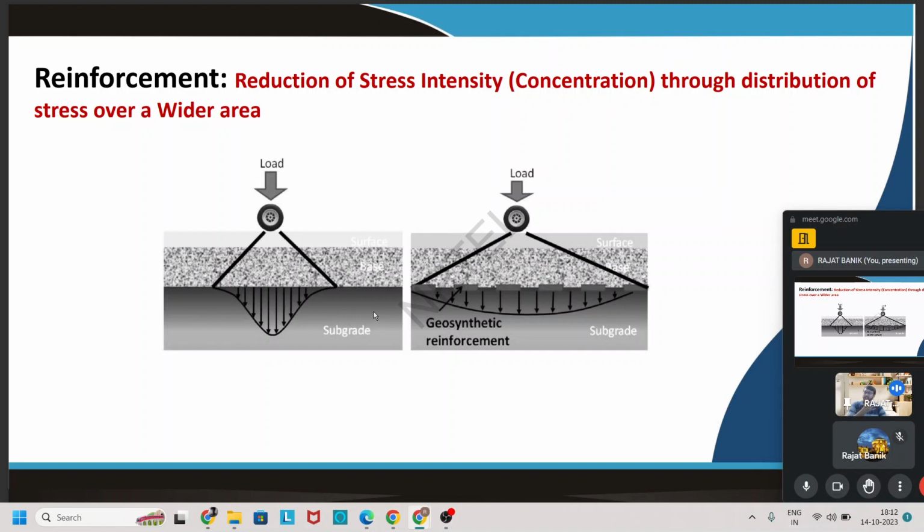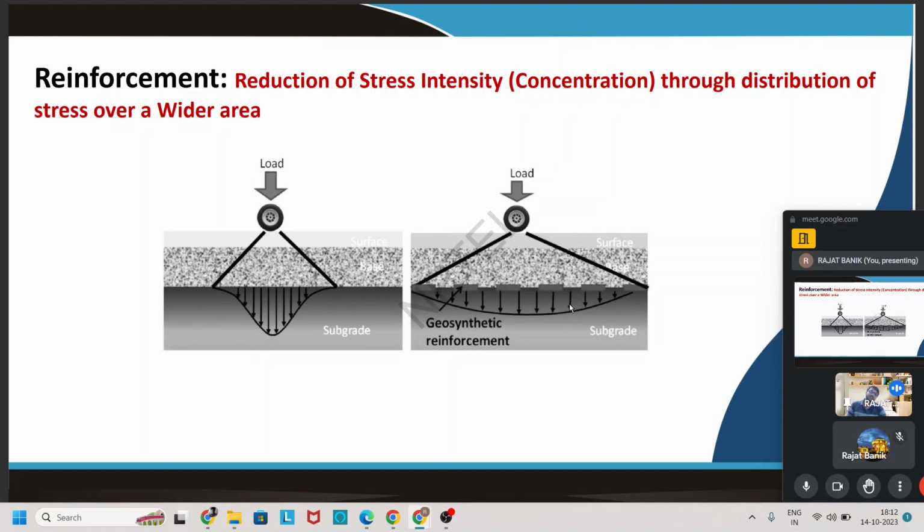When we use geosynthetic material as a reinforcement, we mostly increase the tensile strength of the ground and also the load distribution capacity of the ground. So you can see in the figure that without geosynthetic material, the load is concentrated in one place, which creates some damage or cracks.